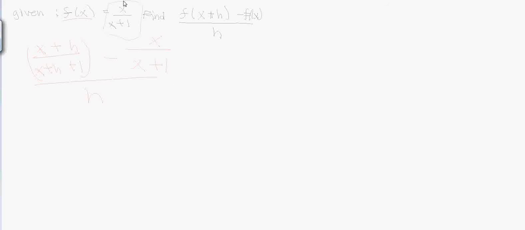Okay, so from here, you want to once again get a common denominator, x plus 1 times x plus h plus 1, as a common denominator for the top fraction. So right now, I would simplify the top fraction. It'd be x plus 1 times x plus h, minus x times x plus h plus 1.